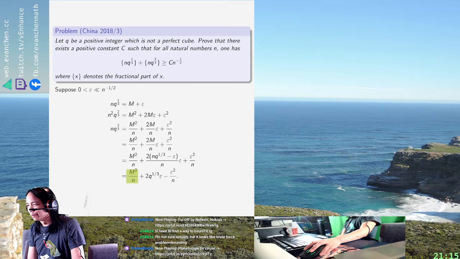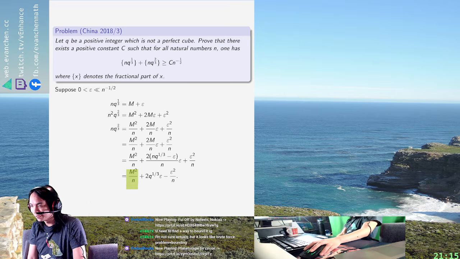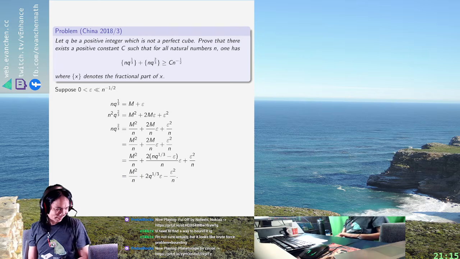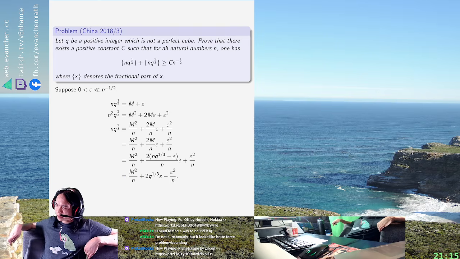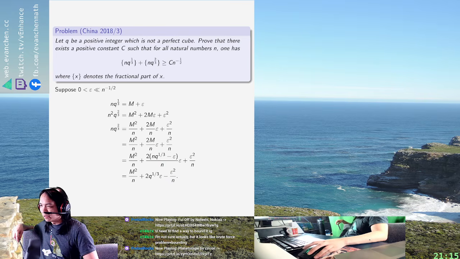I don't know what I'm worried about. I feel like I care what the quadratic residue modulo n is. That's not a good sign. Epsilon we think is... So this is 1 over n squared. This is the smallest thing. It doesn't want to do very much. This thing is sort of what we want actually.